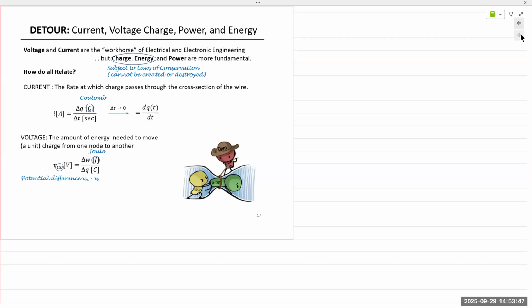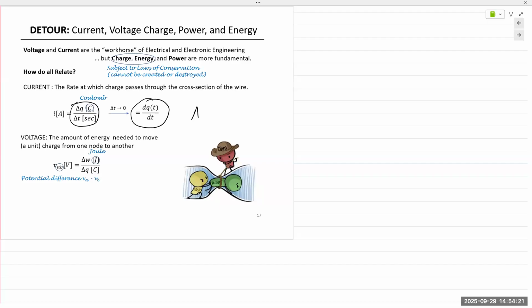When the charge flows, energy is moving, energy is transferred, and the rate of flow of charge is defined as electric current. So electric current, delta Q over delta T, or more efficiently, we can simply write dQ over dt.